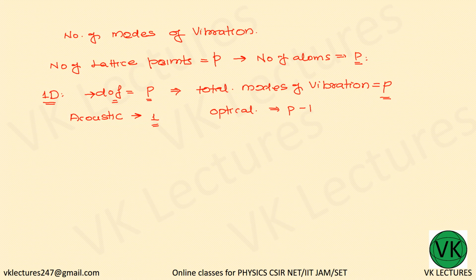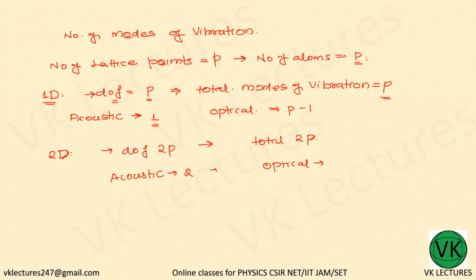Now similarly for two dimension, there will be degree of freedom of 2P, which means the total modes of vibration will be 2P, and out of this 2P vibrations, acoustic vibrations will be 2, and what is remaining, that is optical vibrations, will be equal to 2P minus 2.